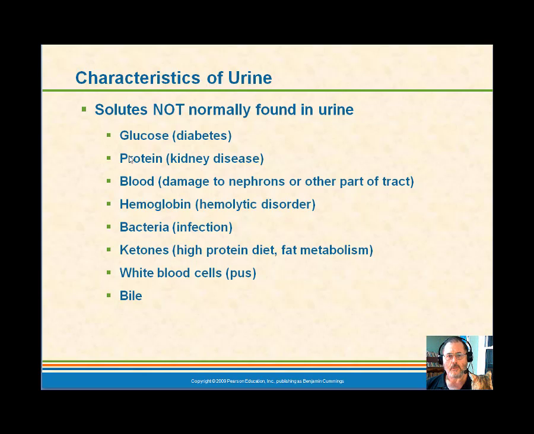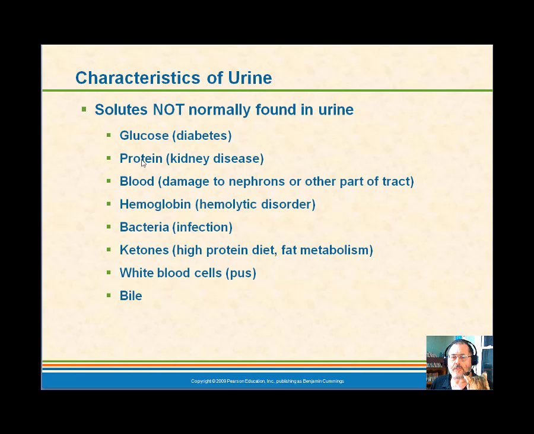So let's talk now about normal characteristics of urine. Solutes that are not normally found in urine are glucose, which we do see for people who have diabetes. Protein, which will generally be indicative of some sort of kidney disease. Blood, which we can see when there is some damage to the nephrons or other part of the urinary tract.